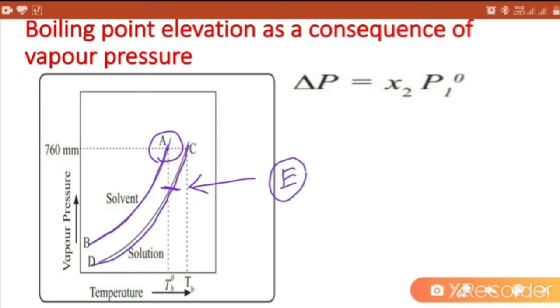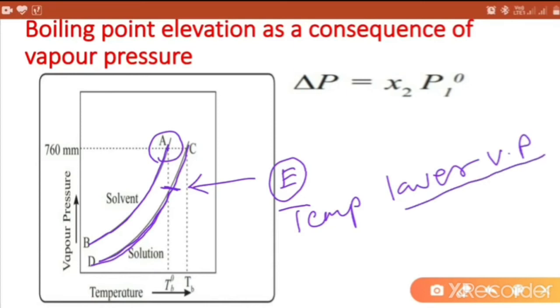If we name it point E, the curve DE shows the same temperature but lower vapor pressure, meaning there is a lowering of vapor pressure.